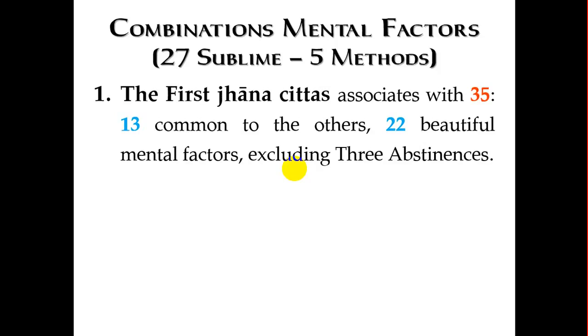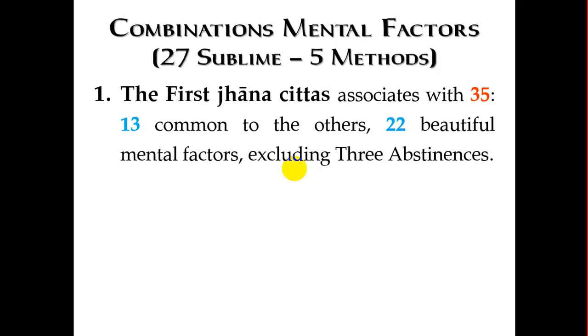Because in the first jhana, we have Vitaka, right? The next one, Vichara, associates with the 55 chittas that are associated with Vitaka, and we also have to add another 11 second jhana chittas.